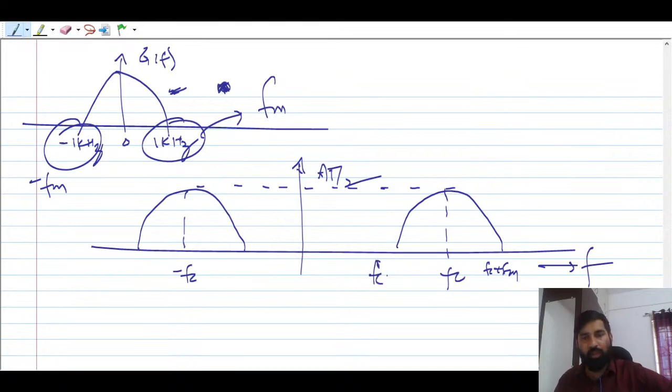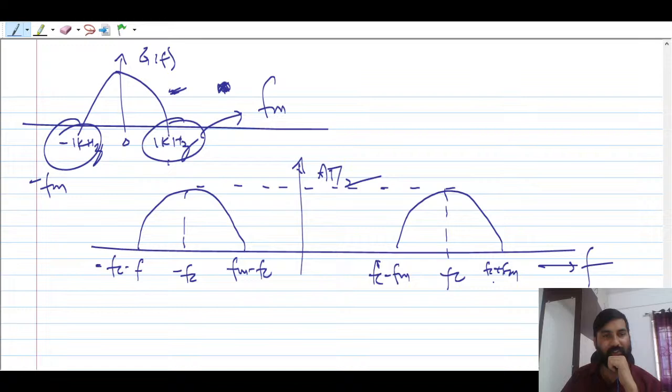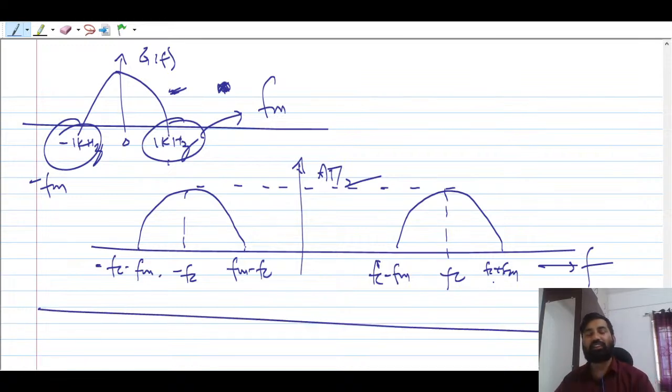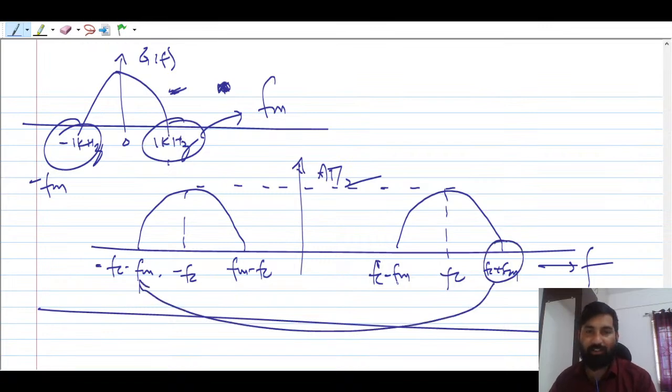And here, we are shifting to the minus fc: you add minus fc plus fm, so it will be fm minus fc, and if you add minus fc minus fm, it is minus fc minus fm. So I think this is clear. Minus of this will be here and minus of this will be here.